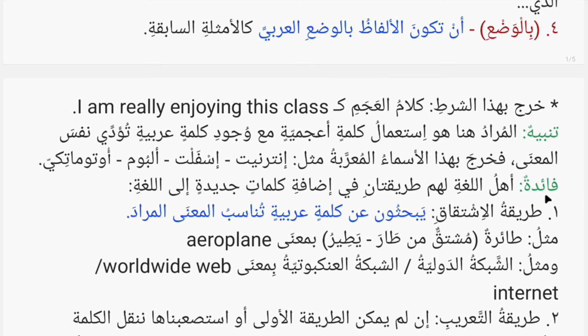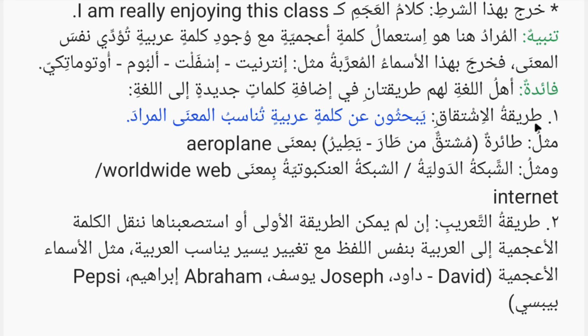Okay, فائدة, a benefit. أهل اللغة لهم طريقتان في إضافة كلمات جديدة إلى اللغة. The scholars of the Arabic language have two primary methods of incorporating new words into the Arabic language. The first one, which is the asl, the default, طريقة الاشتقاق, where they يبحثون عن كلمة عربية تناسب المعنى المراد.